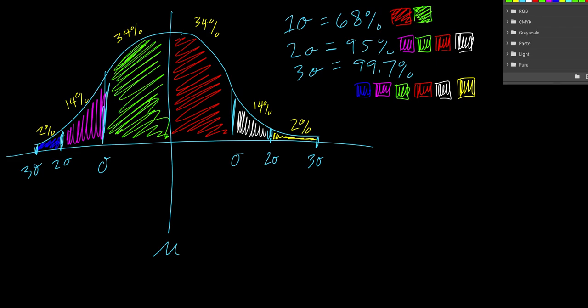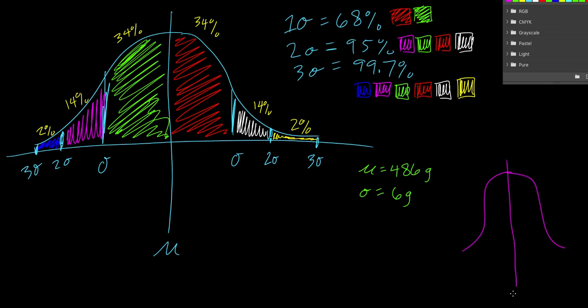Okay, so our first example, a sample of cans of peaches was taken from a warehouse, and the contents of each can was weighed. The sample mean was 486 grams with standard deviation 6. Okay, so we're given the mean is 486 grams. We're given standard deviation is 6 grams. And so what we're going to do is we're going to make a normal curve.